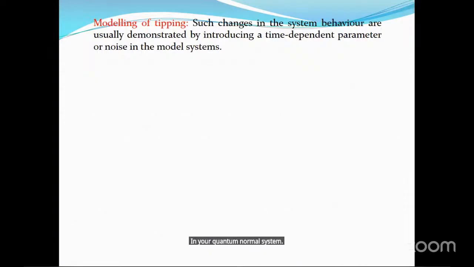You usually use autonomous systems to represent different kinds of physical phenomena. If you replace at least one parameter, which is a constant in the autonomous system, by a time-dependent parameter, then you may observe tipping in your system.